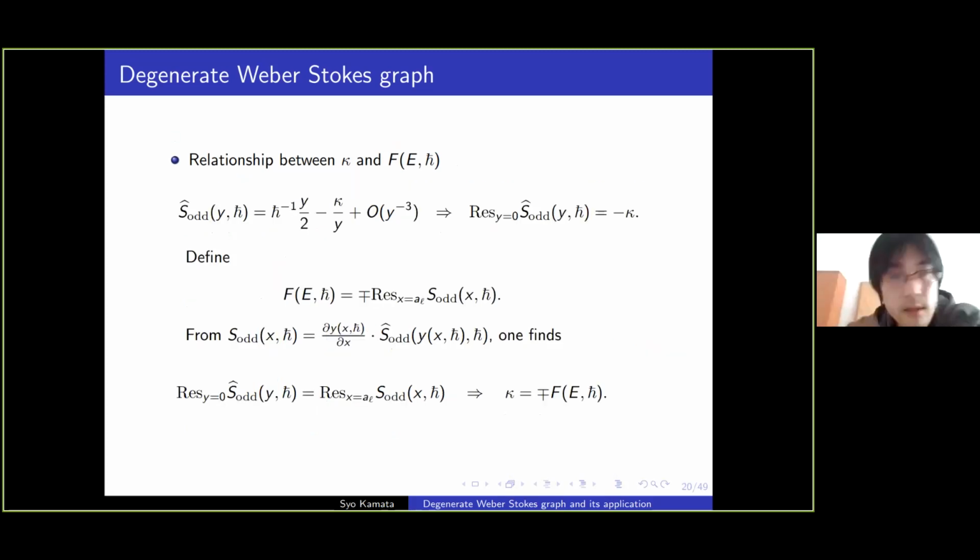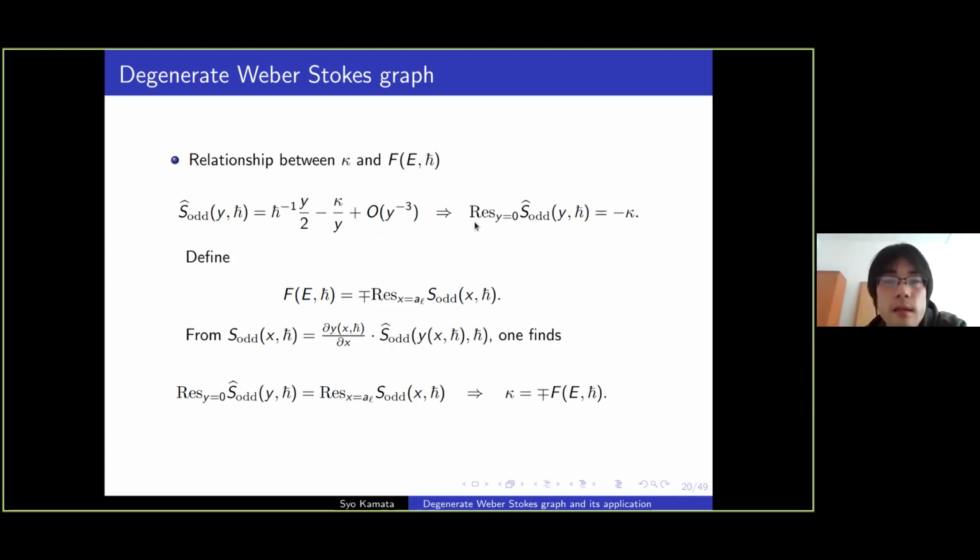Okay, so from this S odd, from the local potential, this has this kind of form, like H bar -1 and minus kappa over Y plus and so on.